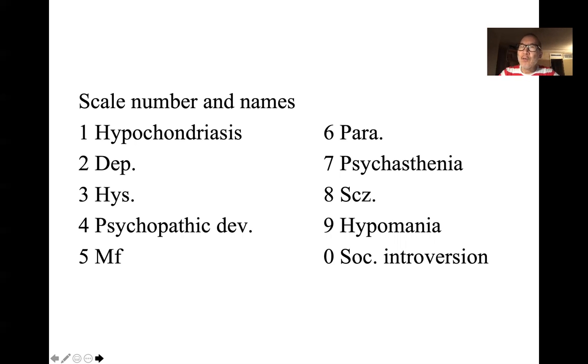For those of you who remember Seinfeld, think of George Costanza from Seinfeld. Okay, he would be very high on the psychasthenia scale. 8 refers to schizophrenia, 9 to hypomania, hypomanic symptoms, and 0 for introversion, extroversion.